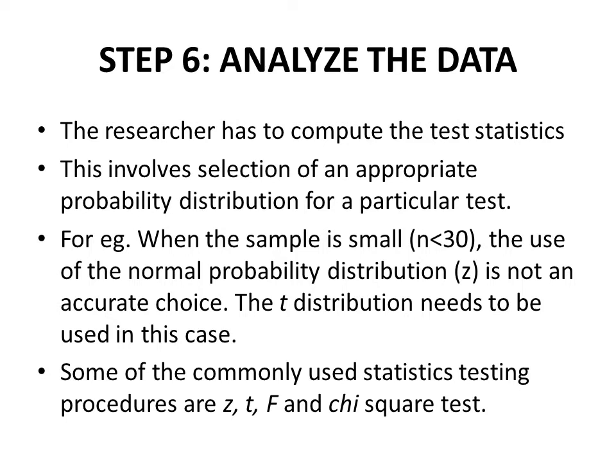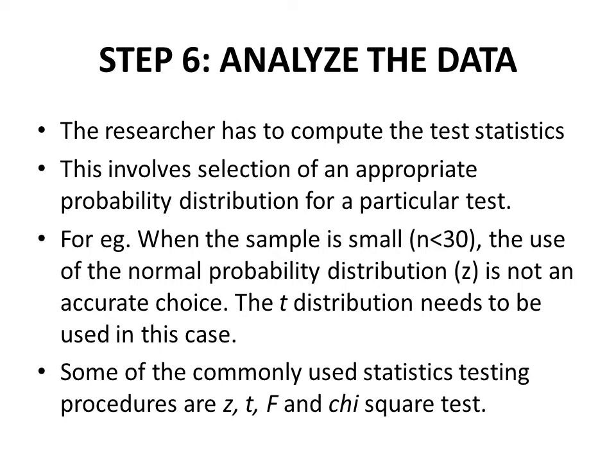The test statistic and the level of significance are already decided in step number 2 and 3. In this step, the researcher has to compute the test statistics and draw a statistical conclusion for the same. That means the researcher will either reject the null hypothesis or accept the null hypothesis.